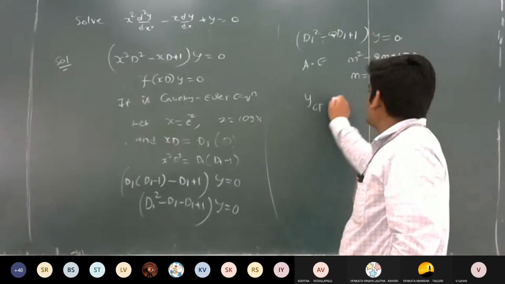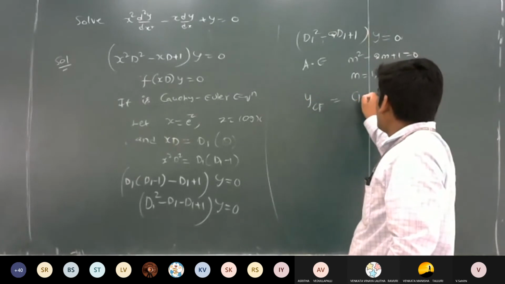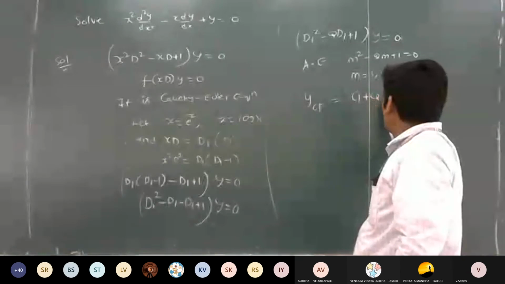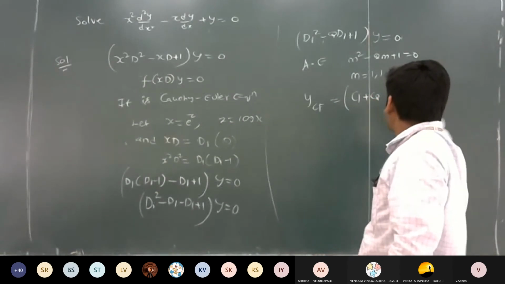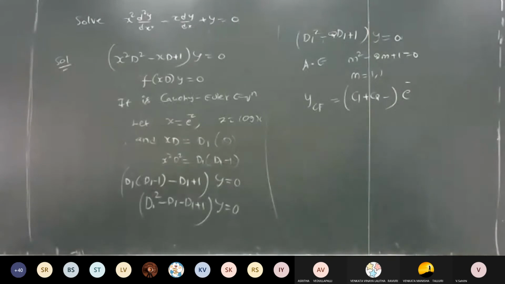So the complementary solution, since the roots are repeated, is c1 plus c2 into e power z.